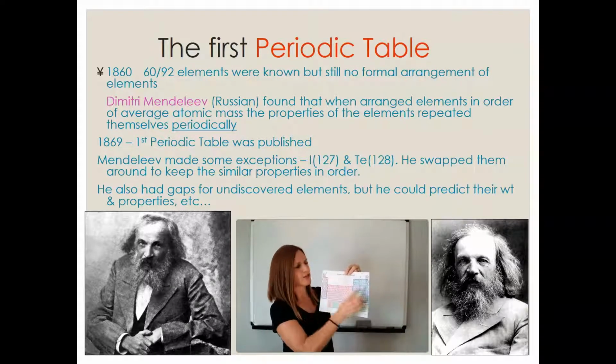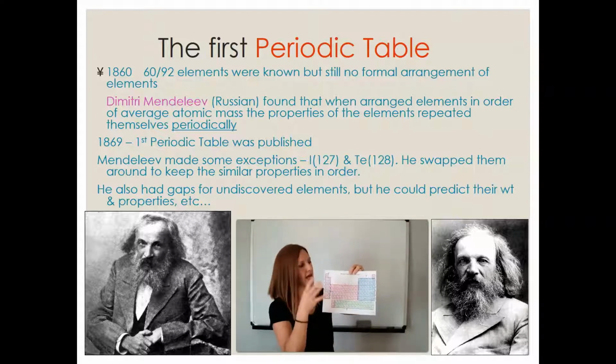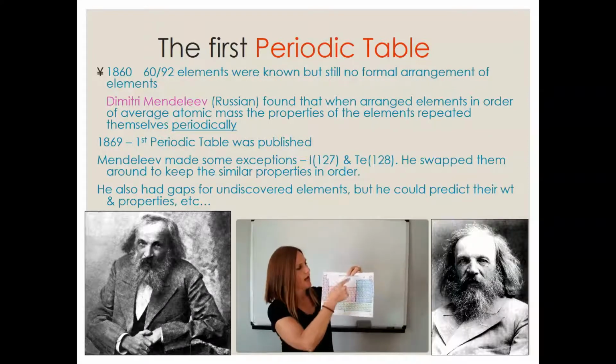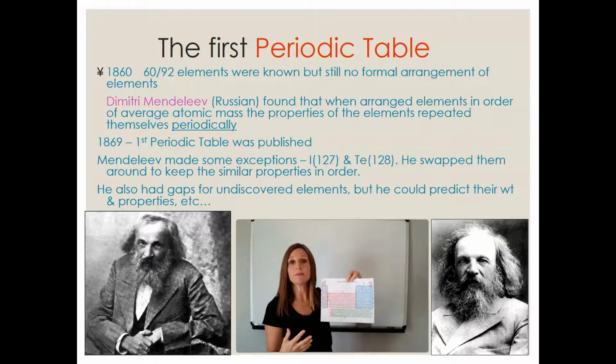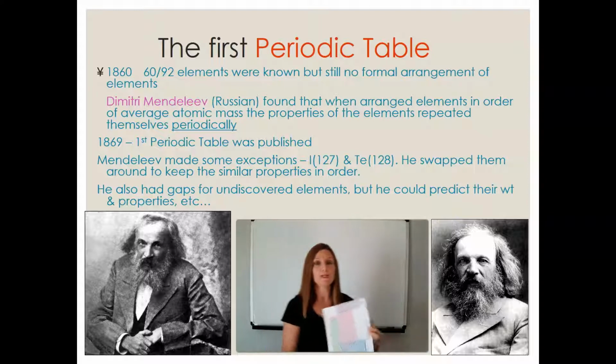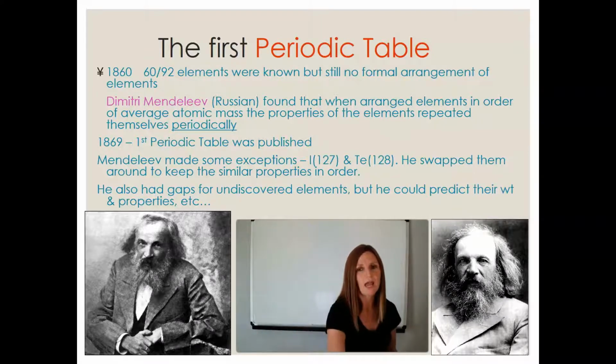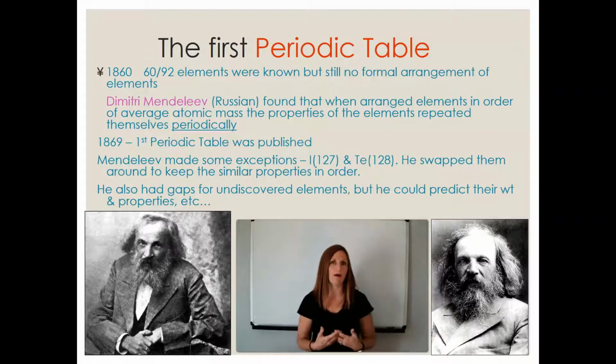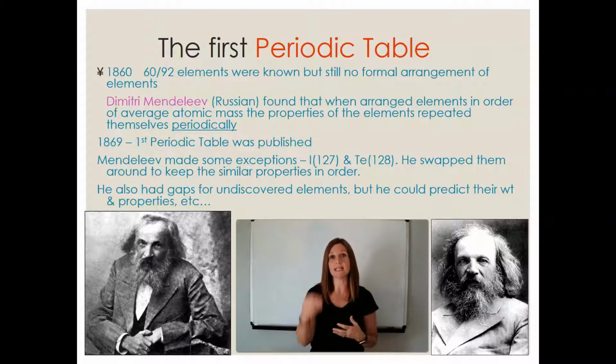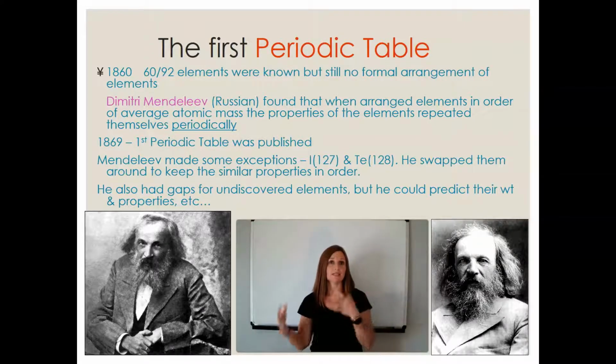And so if he arranged them by increasing average atomic mass, they were going to keep everything in the same column with a similar property that could be described and predicted. The really cool part about this is Mendeleev left some spaces in the periodic table for elements that he predicted would exist but had not been discovered yet, and those were later discovered.